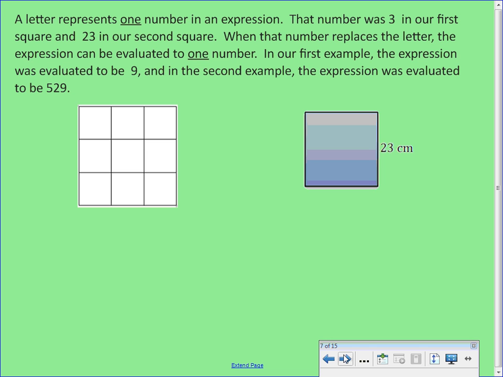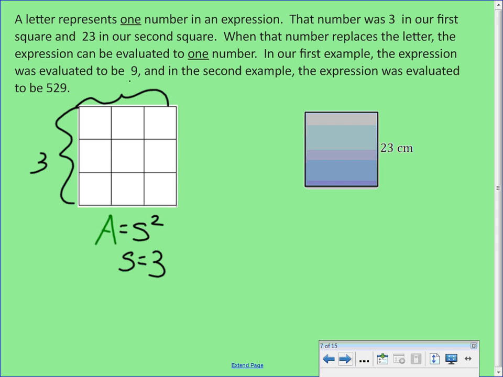So now let's take a moment and look at the 2 examples that we just did. For the first one, we said area equals side squared. Now for this one, S equals 3 because each side was 3 units. So area equaled 3 squared.